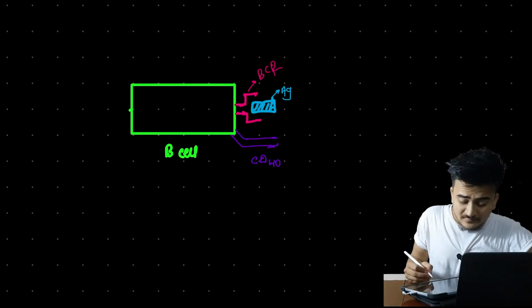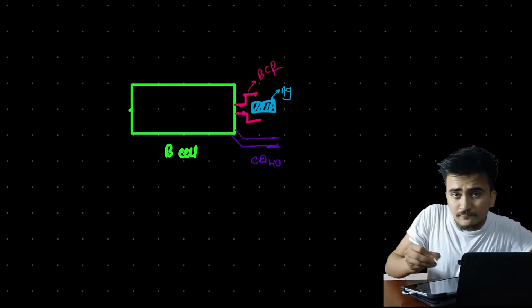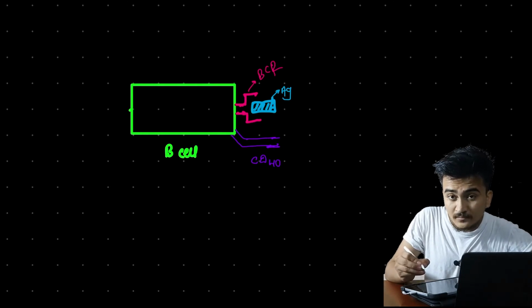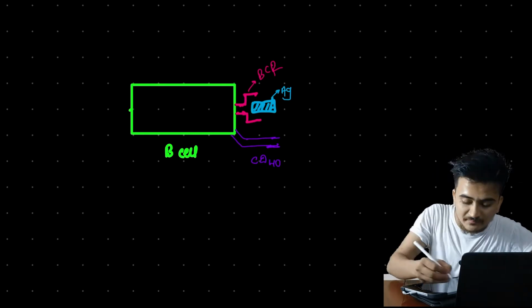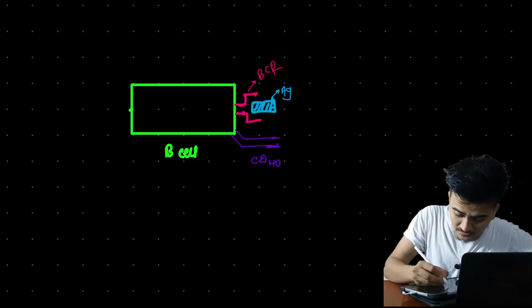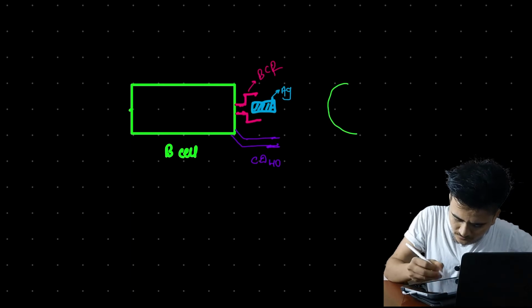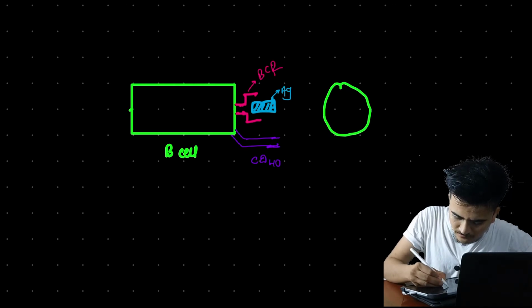While learning about this CD40 molecule, we were mentioning CD40 ligand, which was present on the surface of T cell, if you remember. Let's draw now the T cell. This one is our T cell.